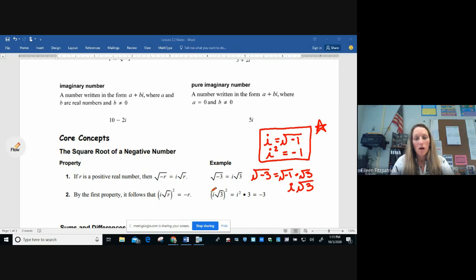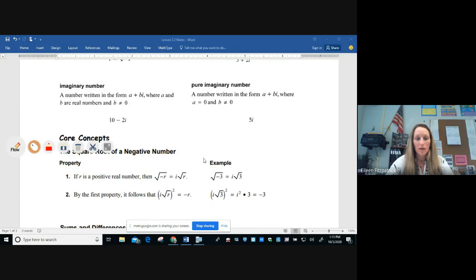So for example, i times root 3, squared: you square the i, that's where i squared comes from, and square the root 3. The square root and the square cancel, so you're left with 3. Since i squared is equal to -1, you have -1 times 3, which is how they come up with -3. We'll do more examples of all those below.